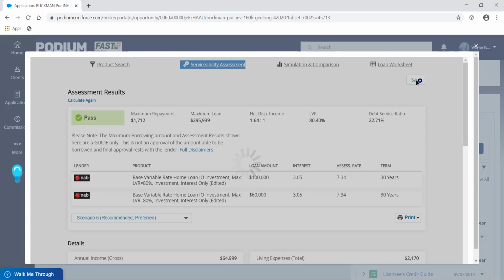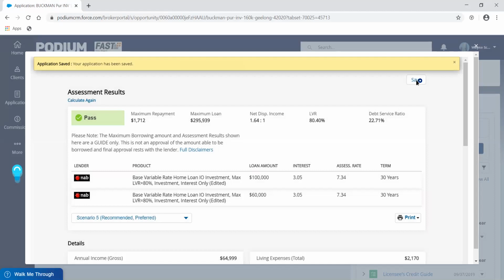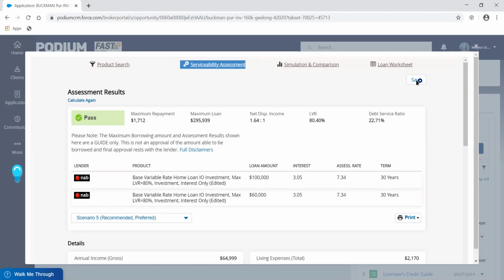Now, part of the normal processing for a serviceability assessment would be that I would then go on and also do a servicing assessment on a NAB calculator. If I was looking at different scenarios, such as CBA or Westpac, I'd do a servicing calculator for their particular internal servicing model, because they're not always the same, despite the fact that it is a lender product we're looking at.